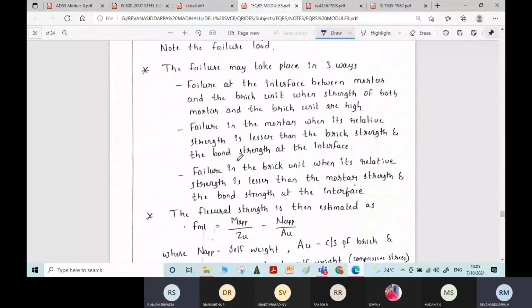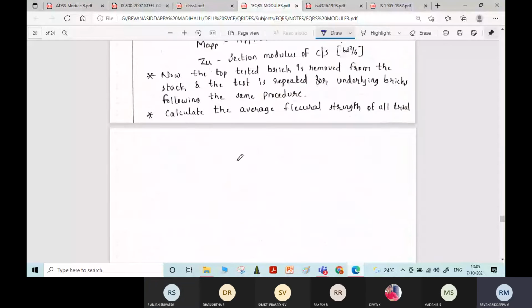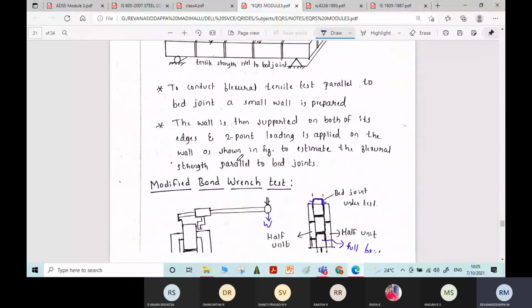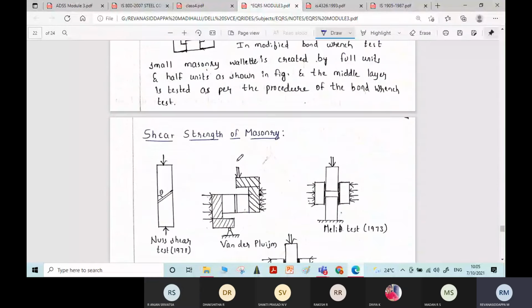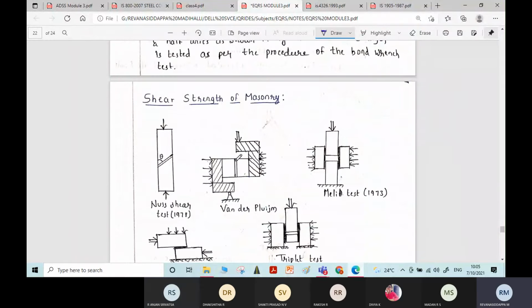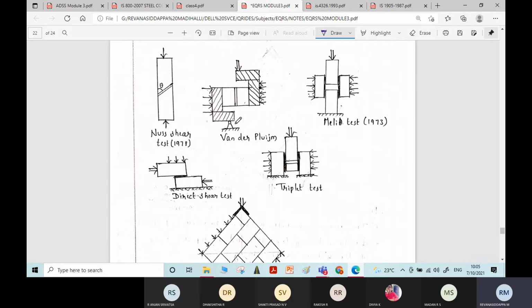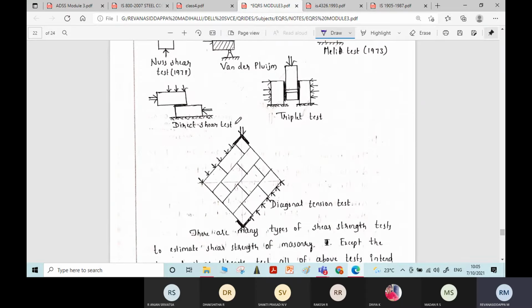Whatever has been discussed are the different types of tests to assess the flexural strength of the masonry. Similarly, when it comes to the shear strength of the masonry, again there are several methods available. The most commonly used method is the diagonal tension test.